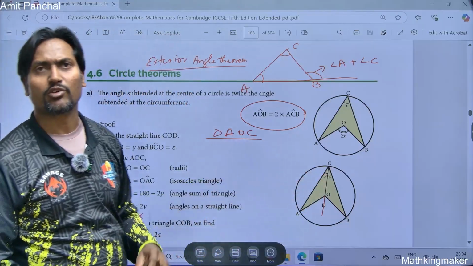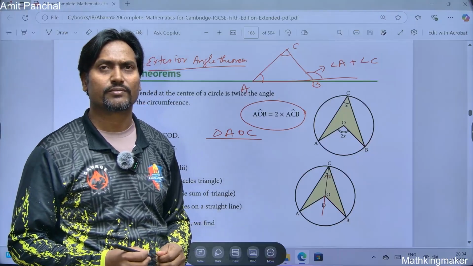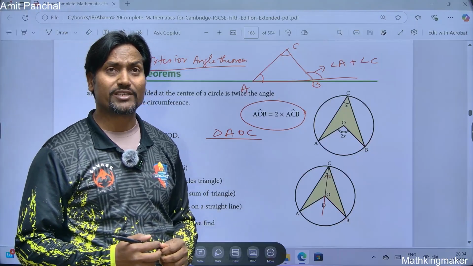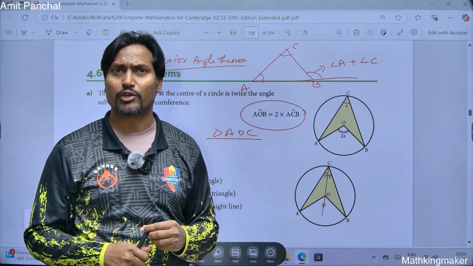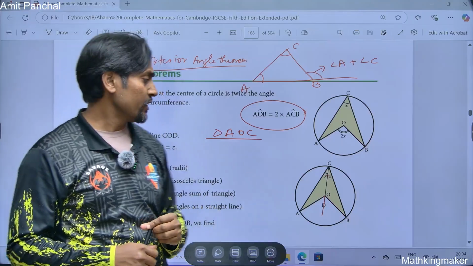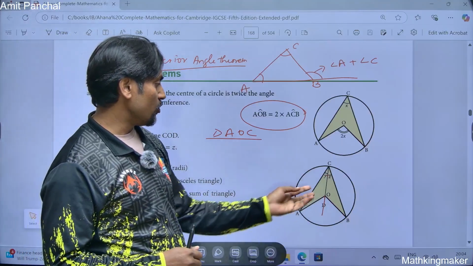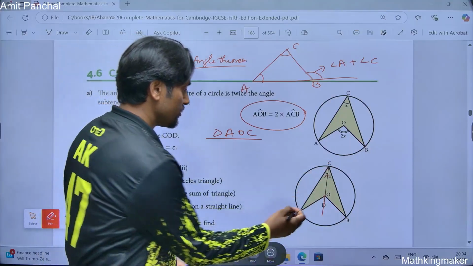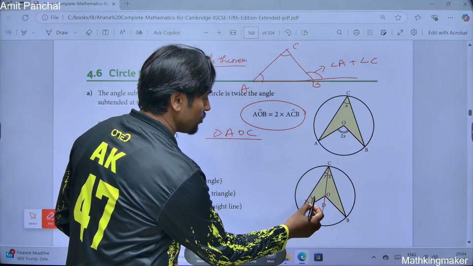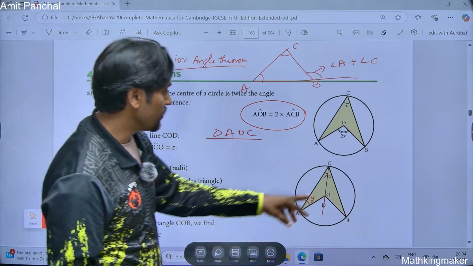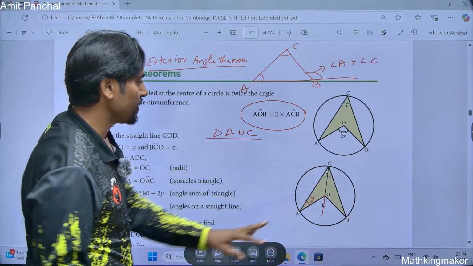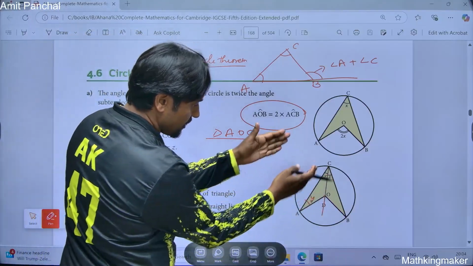And what is the property of an isosceles triangle? Two sides are equal, and the opposite angles are also equal. So the angle opposite to OA is this one, so this will be Y also. Now just see the triangle AOC.